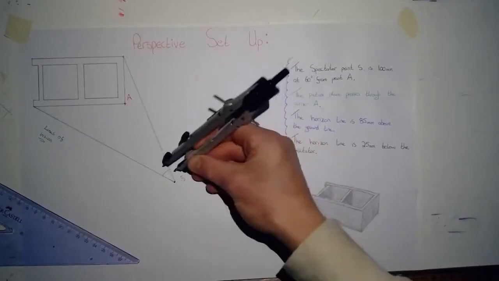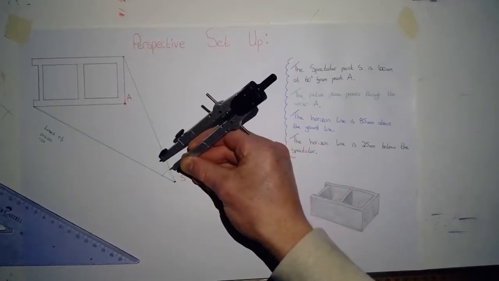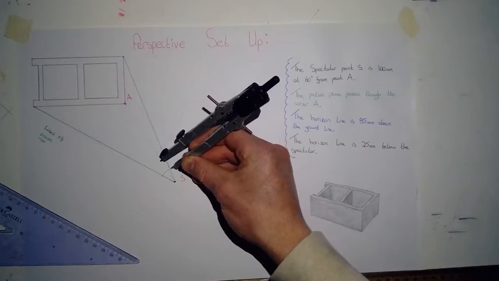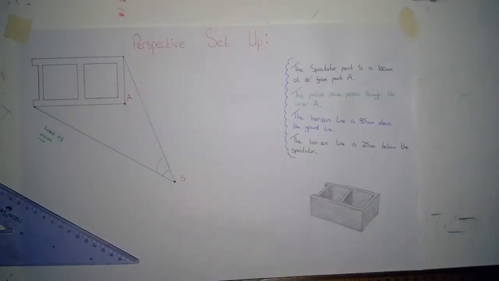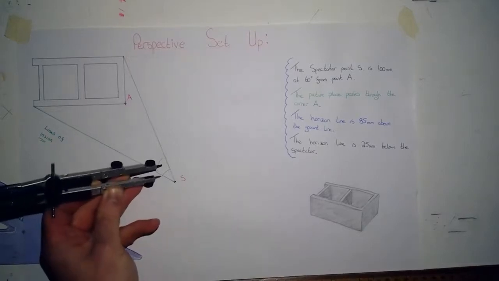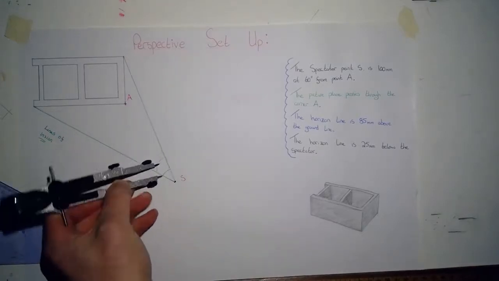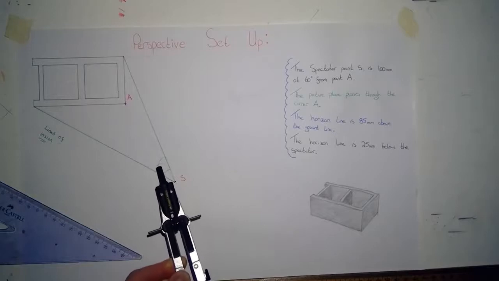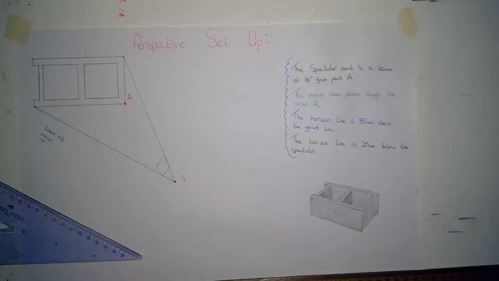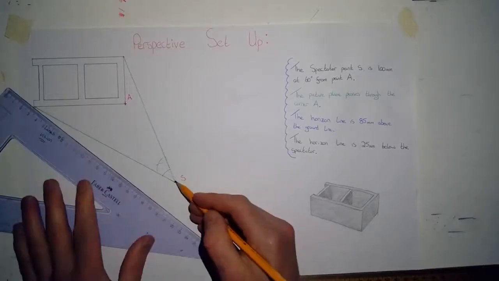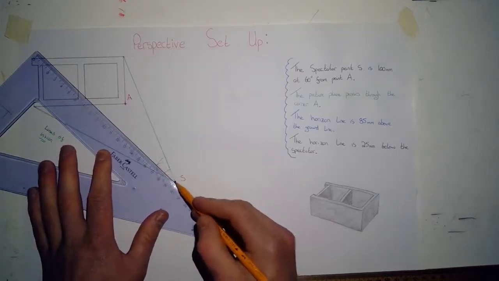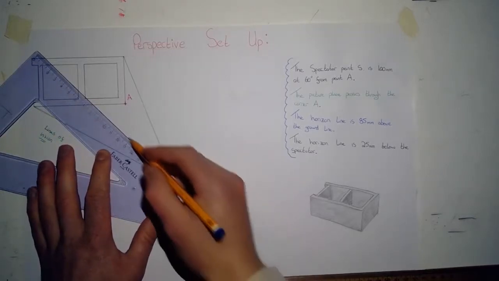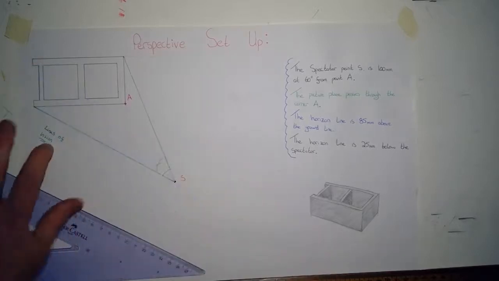We then put the point of the compass where this arc intersects with the line of vision, and we swing an arc, like shown. The exact same is repeated on the opposite side until we achieve this X shape. We can then join from the spectator through this X shape to bisect the angle of the lines of vision.